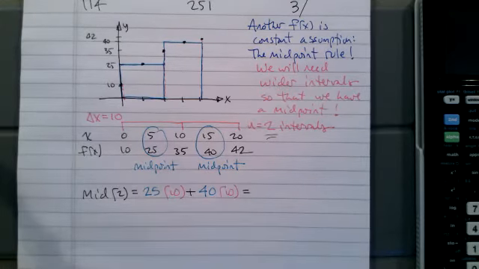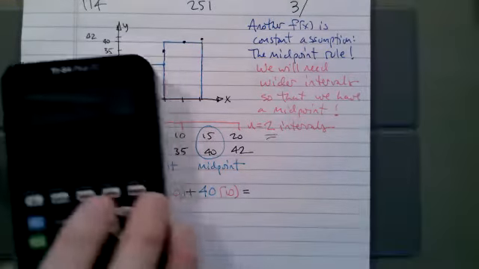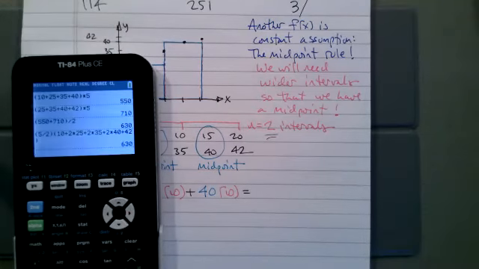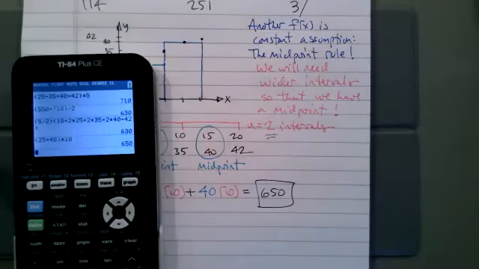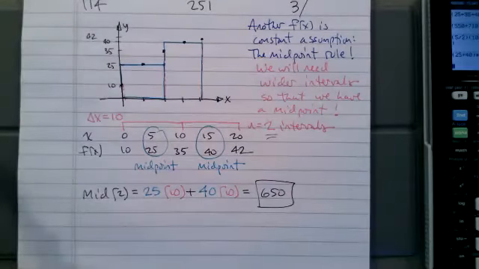So one of the advantages that this rule has is that we are making fewer calculations. So if I do 25, I just want 25 plus 40 times 10, so that'll be 650. That's the midpoint approximation. Any questions?